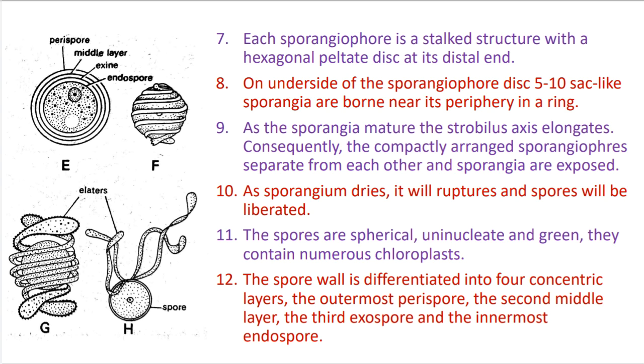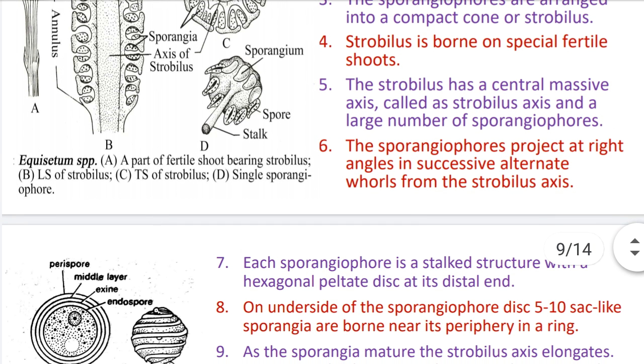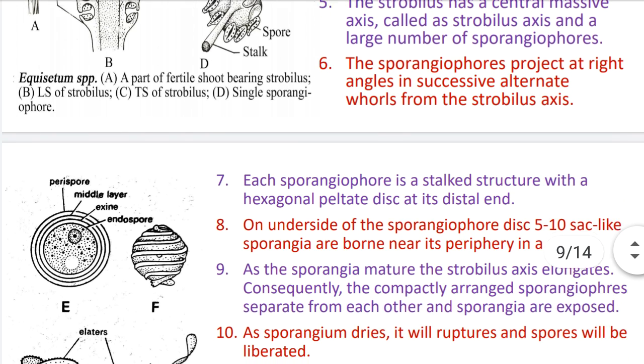Number 8. On the underside of the sporangiophore disc, 5 to 10 sac-like sporangia are borne near its periphery in a ring. At the base, you see in diagram D, at the periphery of the stalk, the 5 to 10 sporangia develop.